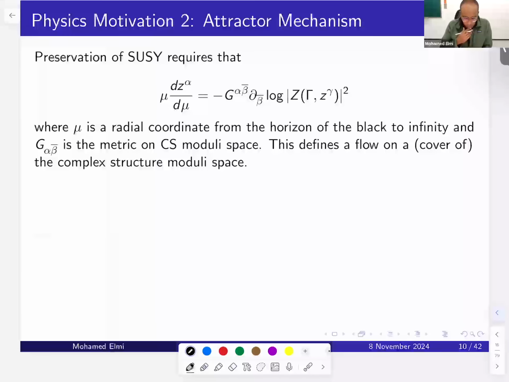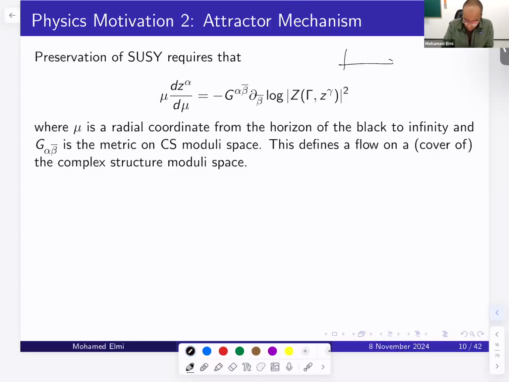And the name attractor mechanism comes from this: usually when there is no black hole, your spacetime is just flat. Your moduli can basically take whatever value you like. They're unconstrained. But in the presence of a black hole, something strange happens.